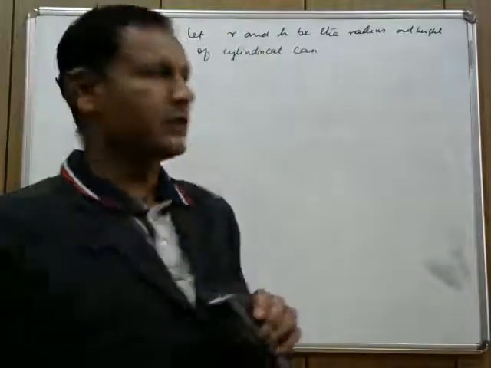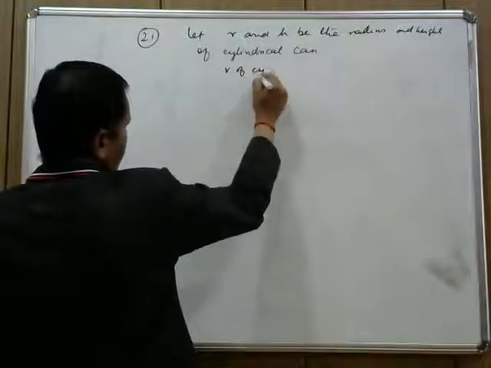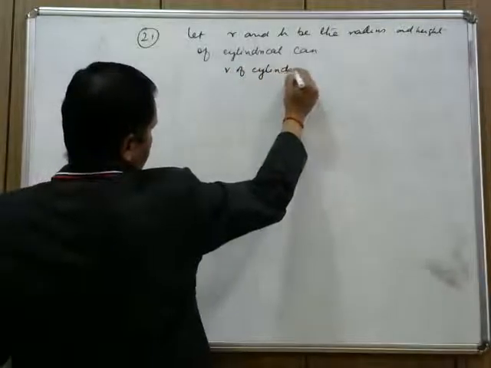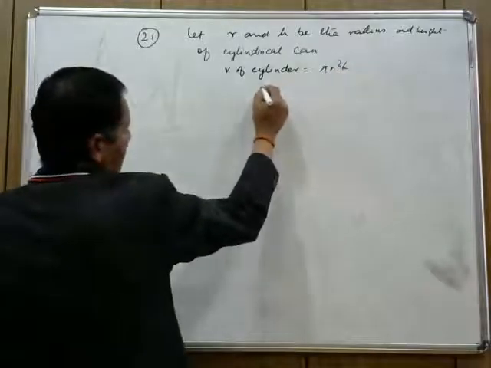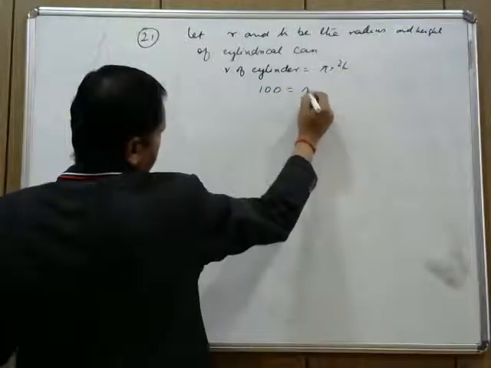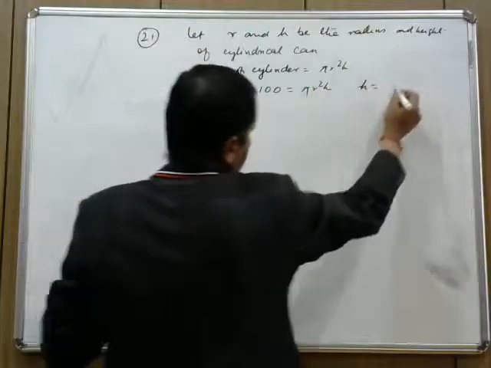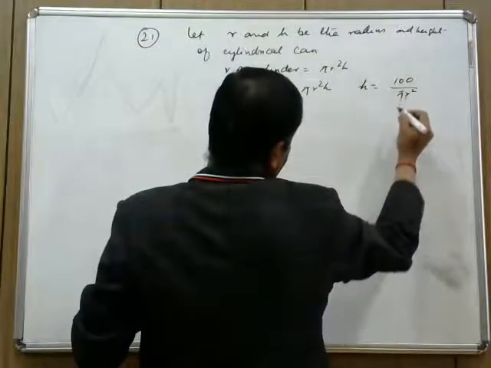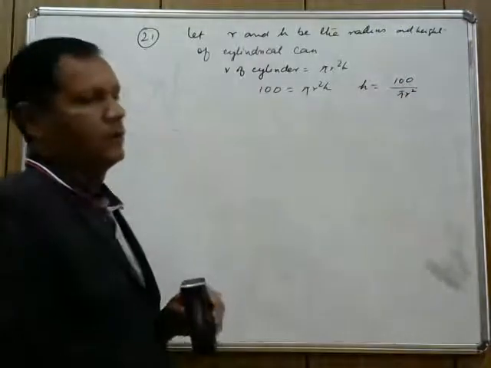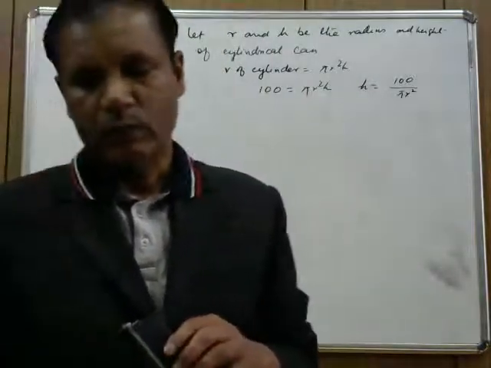That means the volume of the cylinder is equal to pi r square h, and it is given that pi r square h is equal to 100. Now I can have here h is equal to 100 upon pi r square, because 100 is the volume.